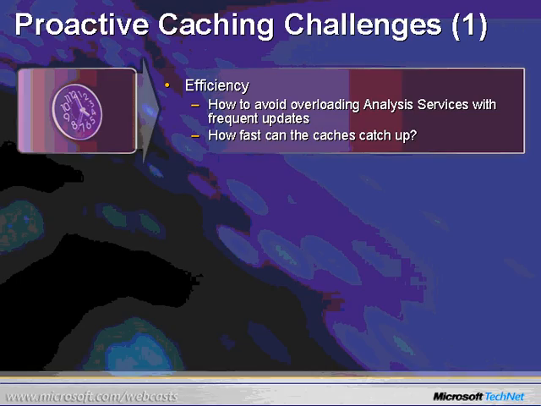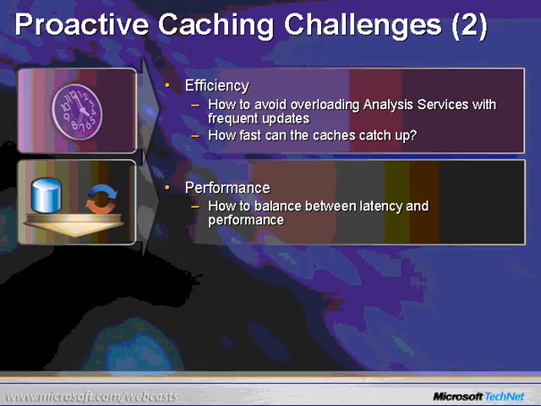So what are some of the challenges with proactive caching? Really, one of the main things is efficiency. How do we avoid Analysis Services having frequent updates, and how fast can that cache catch up? In other words, without being an overhog, how often can we get this data into that system?